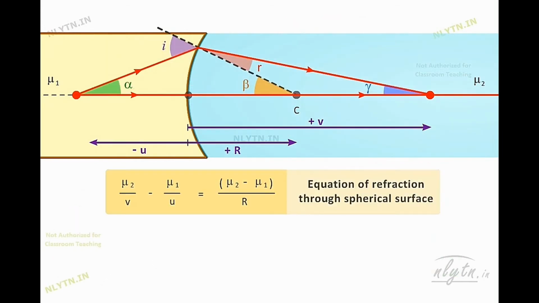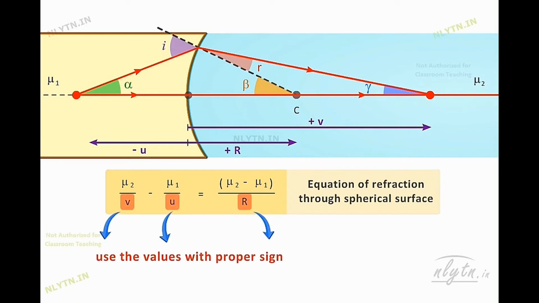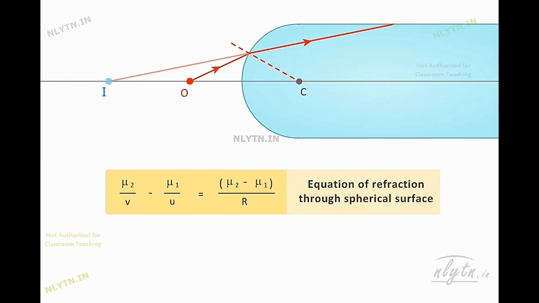As we have derived this equation using proper sign convention, this equation is valid for all cases. But you must remember to use the values of u, v and r with proper sign. For example, in the following cases, signs of u, v and r will be as shown.